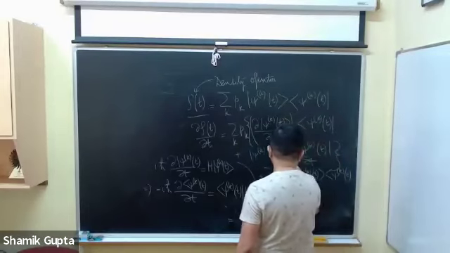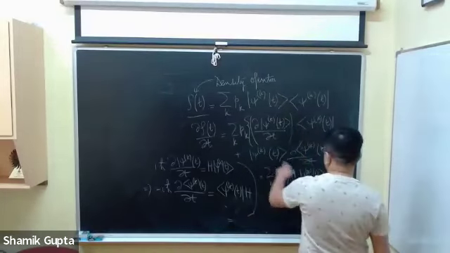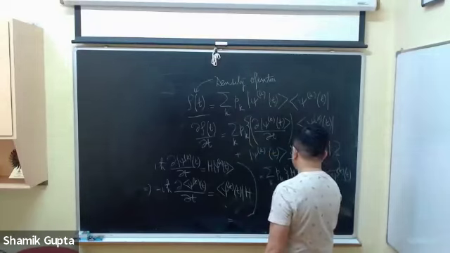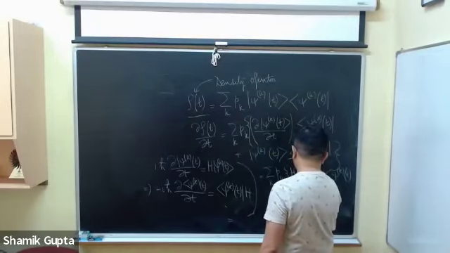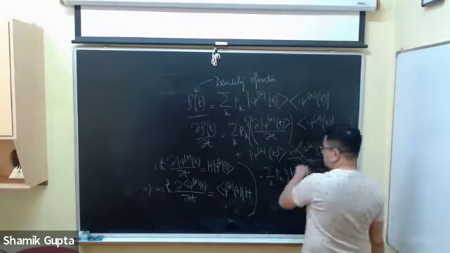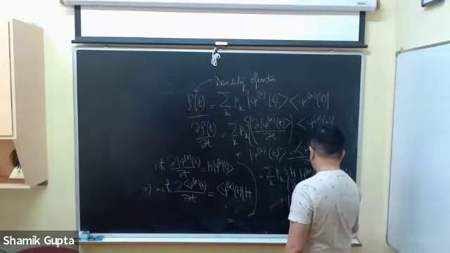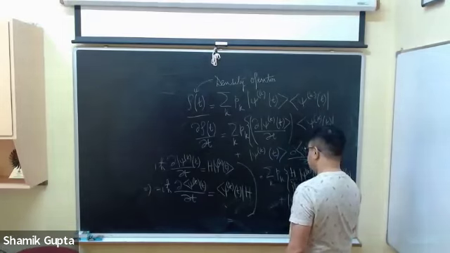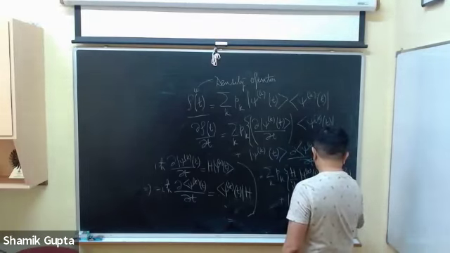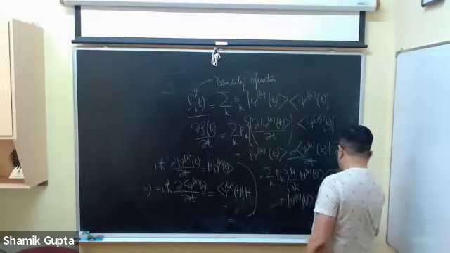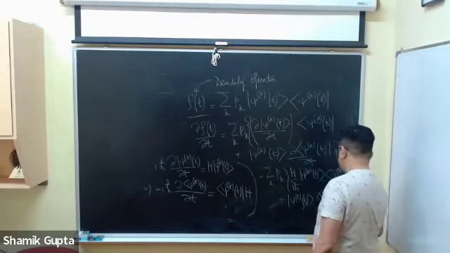This is the first term. The second term will give me plus psi k t, and the del of this is psi k t H divided by minus i h bar.